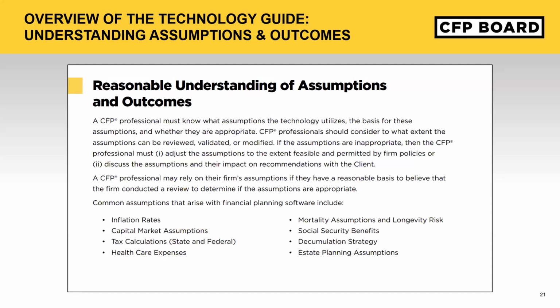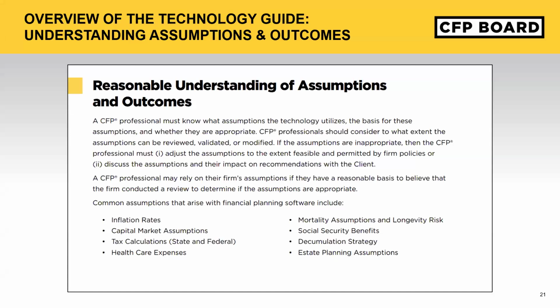As an example, think about Social Security. As you know, clients, especially those who are not yet approaching retirement age, have heard a lot of different things about the future of Social Security and what sort of benefits they may or may not receive. So it's important to understand, when you're doing, for example, a retirement projection, what Social Security benefits are being included in that software's projection, and ensure that that approach is in sync with what the client is expecting.